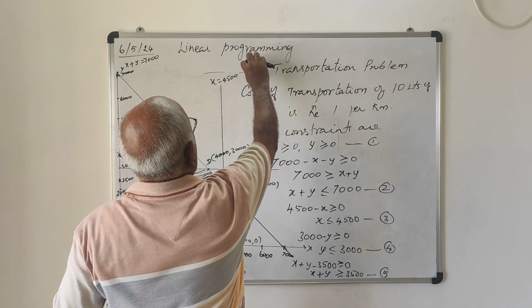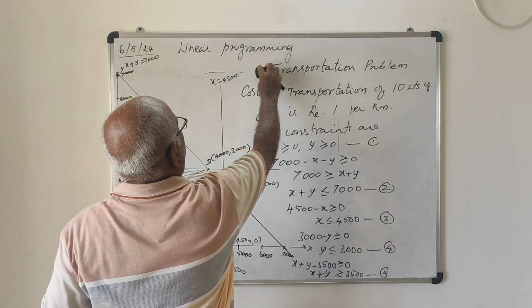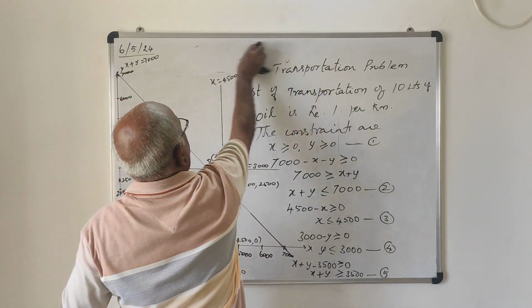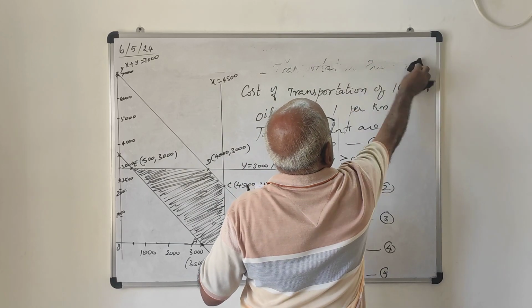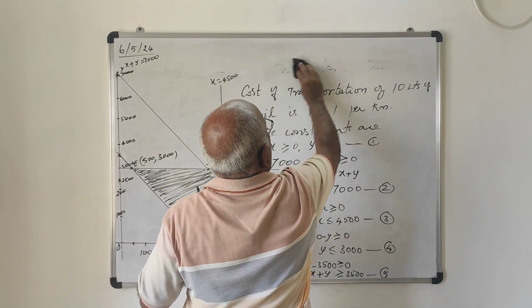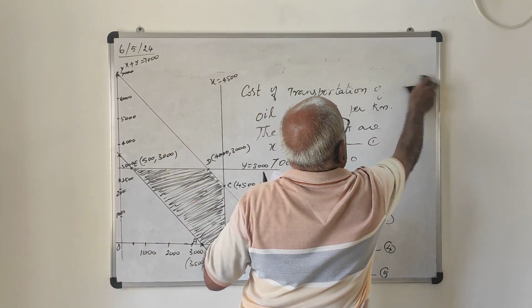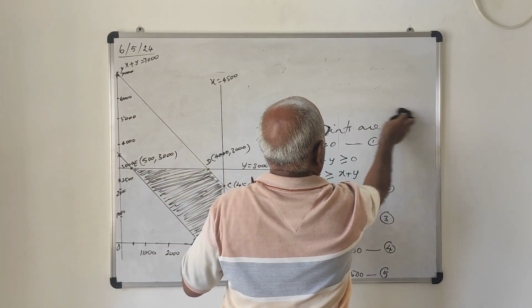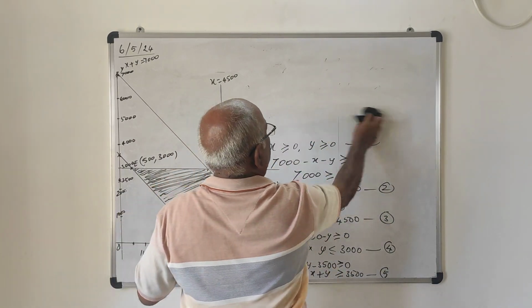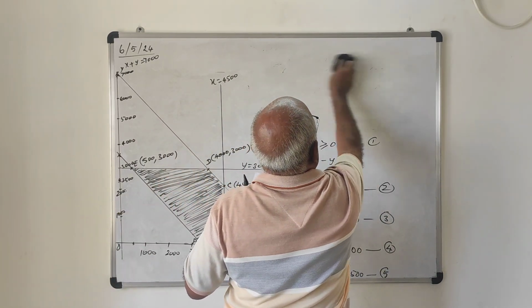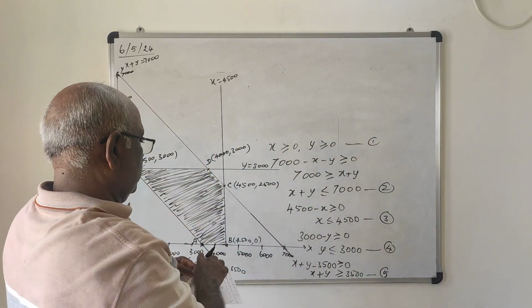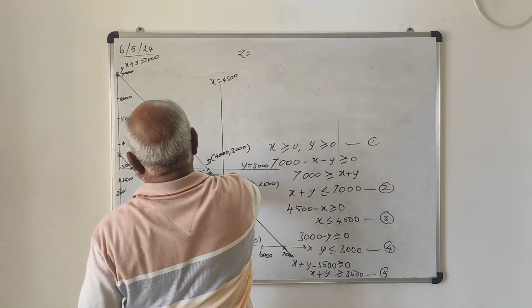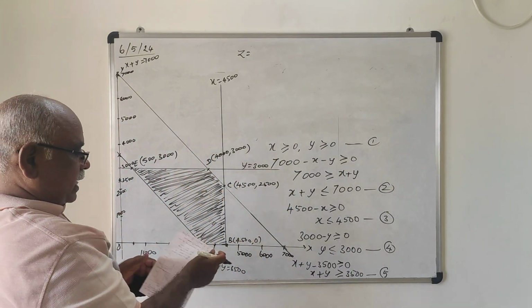So the objective equation, from the diagram and from these constraints, the cost of the transportation is equal to X.